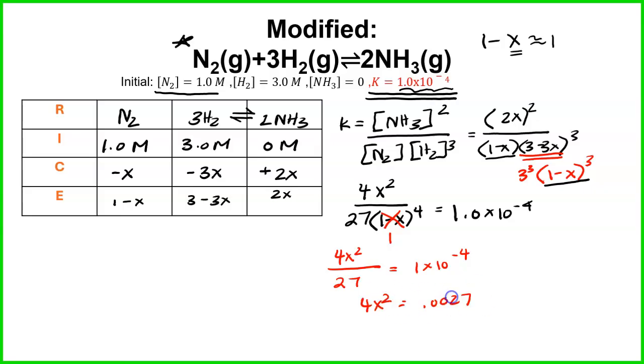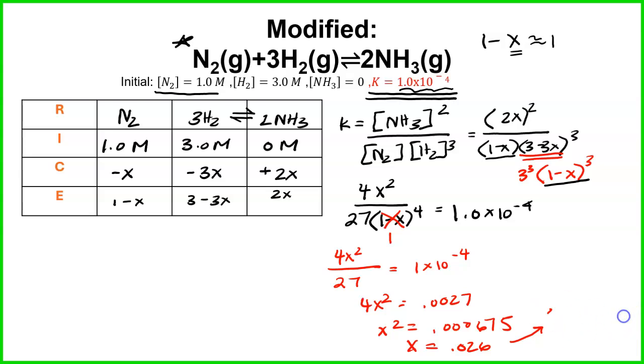Then I'll divide both sides by 4, an even smaller value. And then how would we get our final answer? Take the square root of that answer. So x is very, very small. It's 0.026. As far as rounding purposes, let's just say 3 decimal places for our x values.